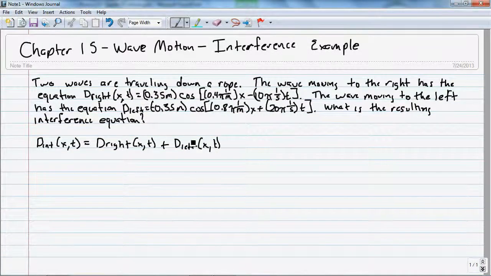Now you could do left first and then right. It just really depends on which perspective you want to look at, but I put d right first.